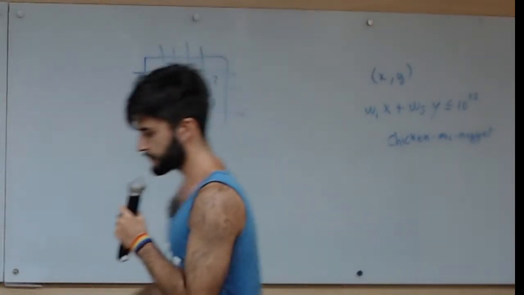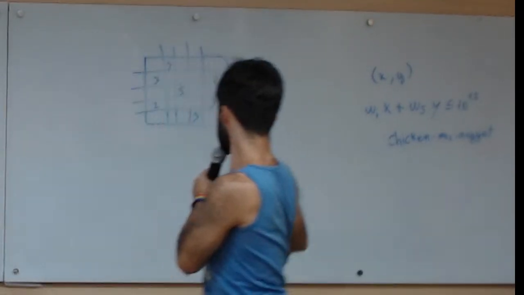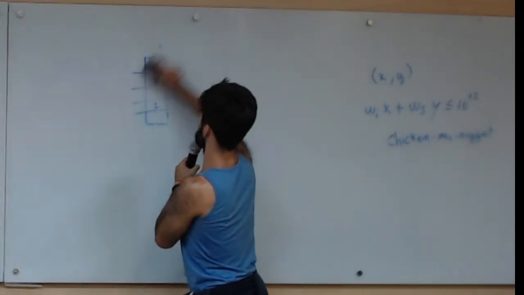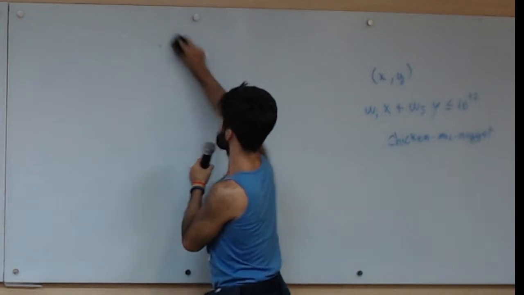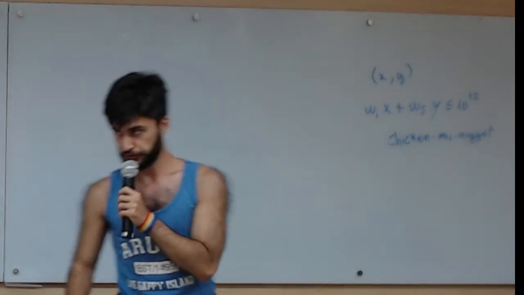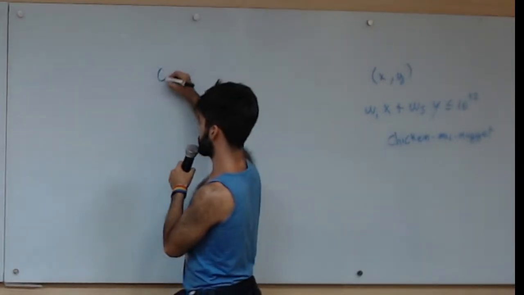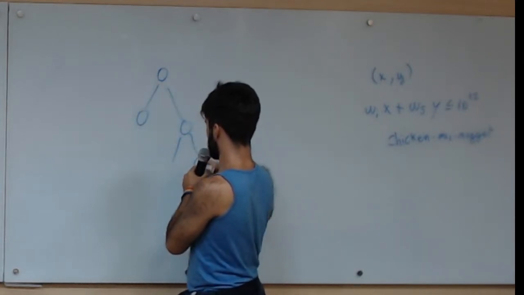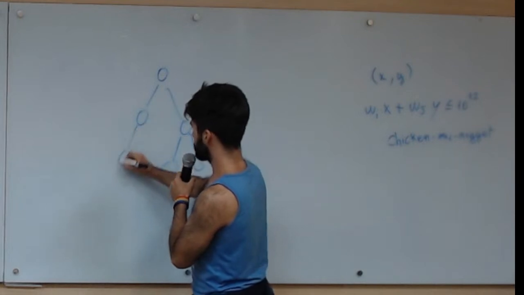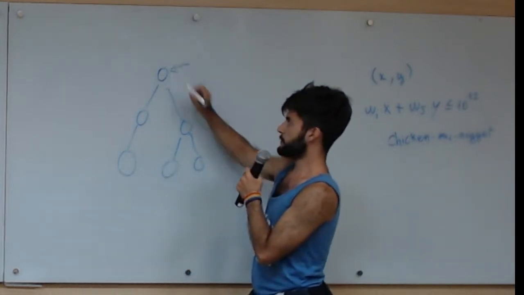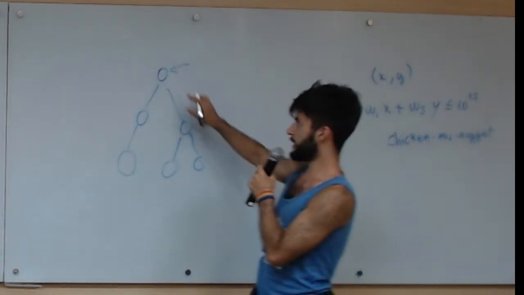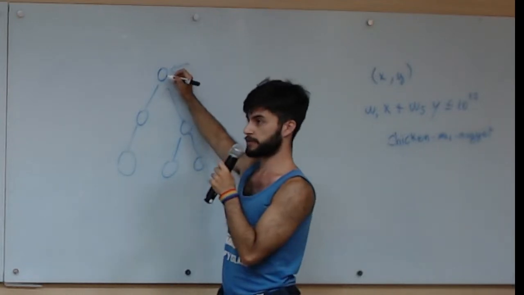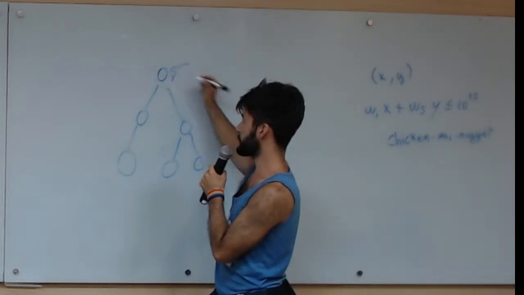Okay, so in this problem, we had a tree initially with zeros at every node. And there were updates of the form: you were given a node, and to that node you increase the sum by some number y.